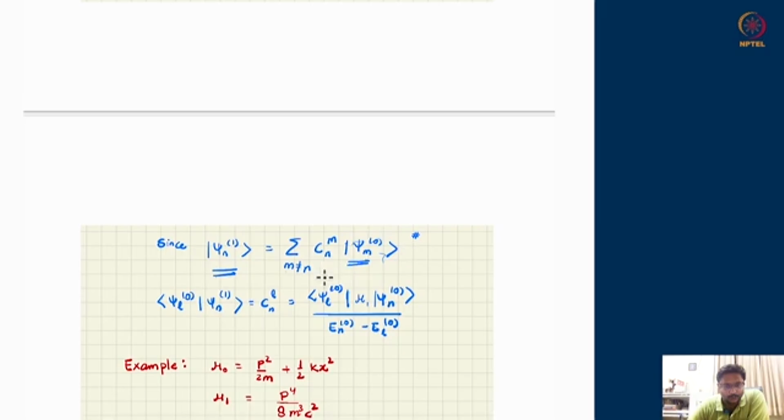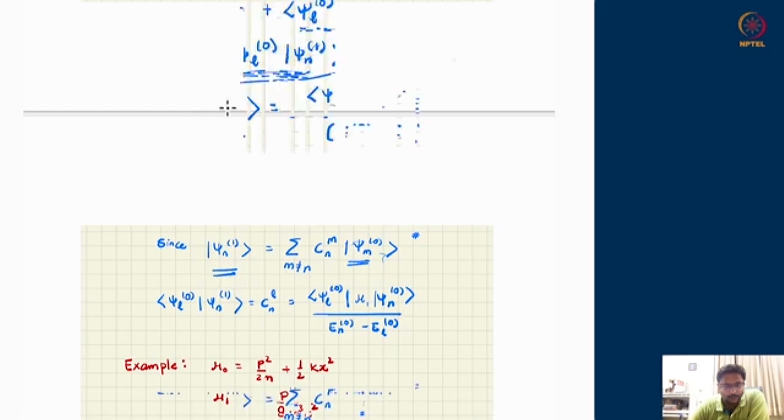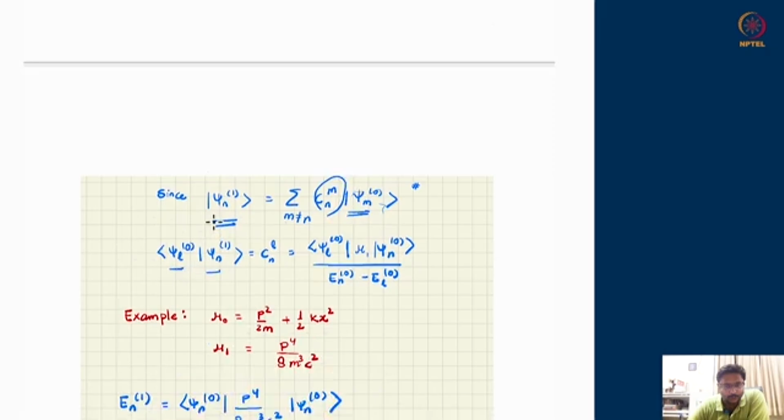And therefore, the projection which we have just obtained over here, psi L0 with psi N1, is essentially these coefficients C_N^L. If I compute psi L0, psi N1 by assuming this definition of psi N1, then this projection is just giving you the coefficients C_N^L. So these coefficients are known now from the squeezing of the H1 between N and L and their energy difference.